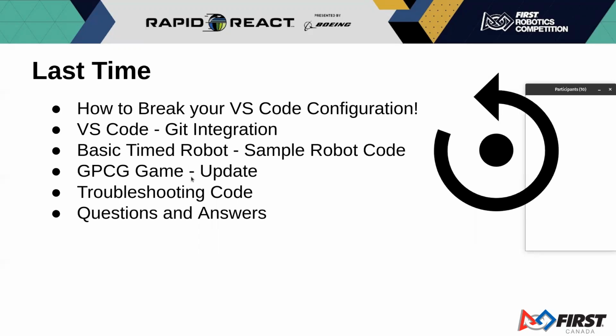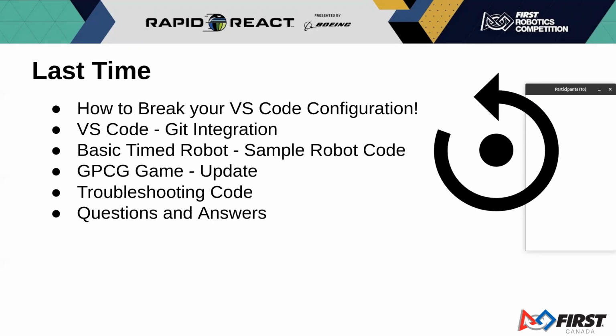Last time we discussed, well, one topic was how to break your code in your VS Code configuration. There was an inadvertent reconfiguration of the VS Code that I did 2 weeks ago. And then we discussed how I figured out how to fix that. And that's a good example. These things happen all the time when you're programming and when you're using computers.